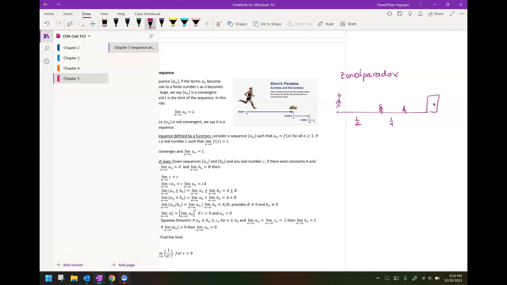In order to make the last 1/4, you have to make it 1/8. In order to make it to 1/8, then you have to make 1/16. Continuously keep going, right? So the distance between where you started and where you reach that door is given by this sequence.